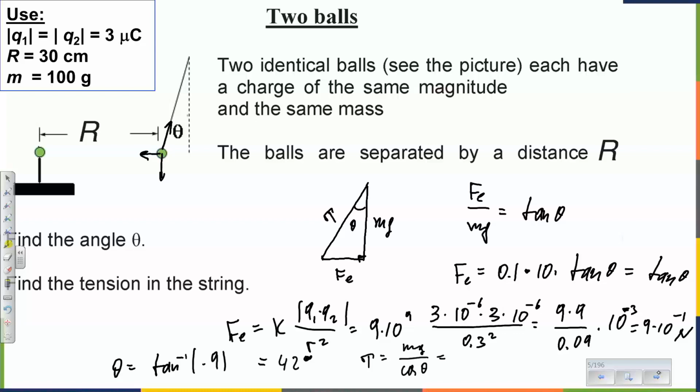So 0.1 times 1 over cosine of 42. 45 square root of 2. 1 point something. 1.3. 1.4. 1.35, close enough.